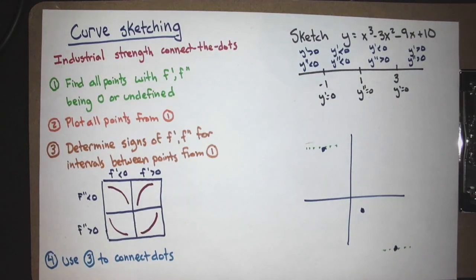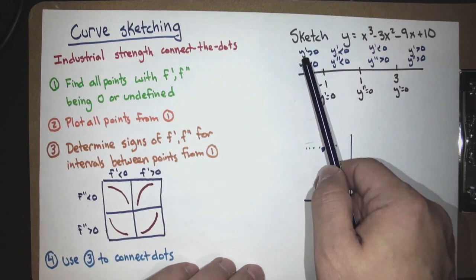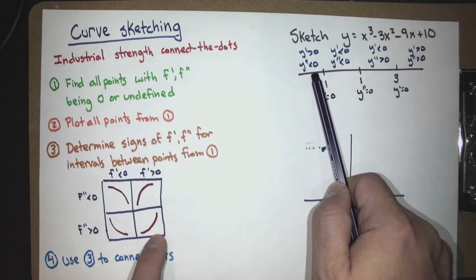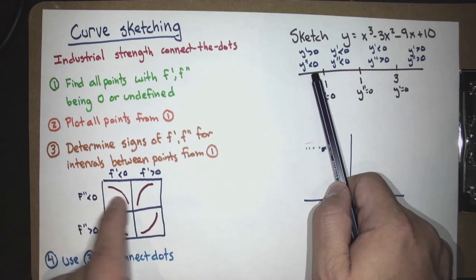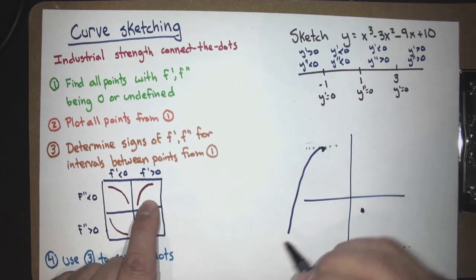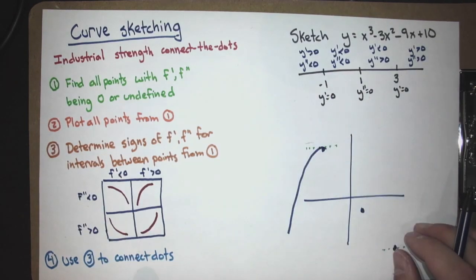So now we say, great. We know what the behaviors are. So I see first derivative positive, second derivative negative. That would be here. So I have to look like that. In the next interval, first derivative is negative, second derivative is negative.